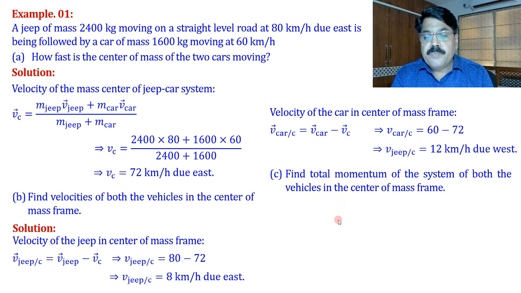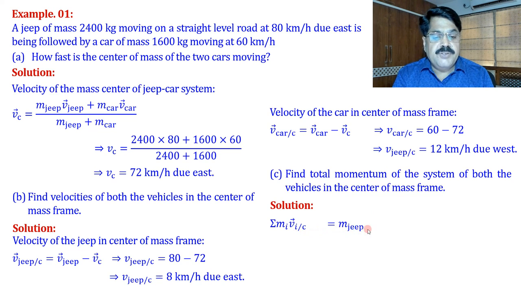We multiply this mass with this velocity and this mass with this velocity, and we add. Let us see: summation of mi vi with respect to c, that is, mass of jeep into velocity vector of jeep with respect to center of mass plus mass of car into velocity vector of car with respect to center of mass.